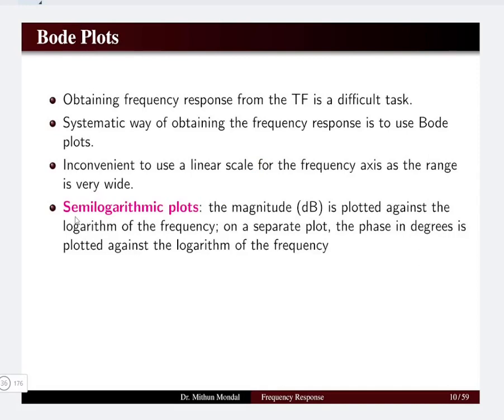So we are going to use the semi-logarithmic plots. What are semi-logarithmic plots? The magnitude is plotted in dB against the logarithm of the frequency. So frequency is taken in logarithmic scale, whereas the magnitude is taken in dB scale. The phase is taken in degrees and is also plotted against the logarithm of the frequency.